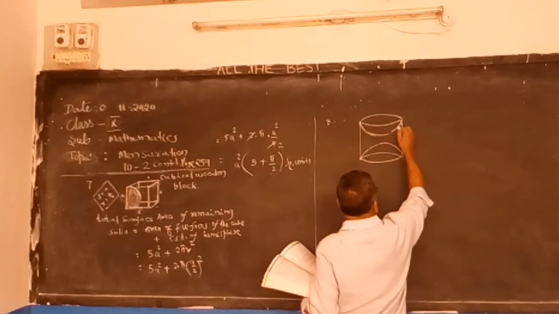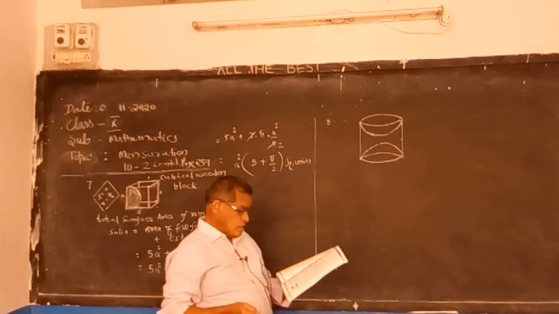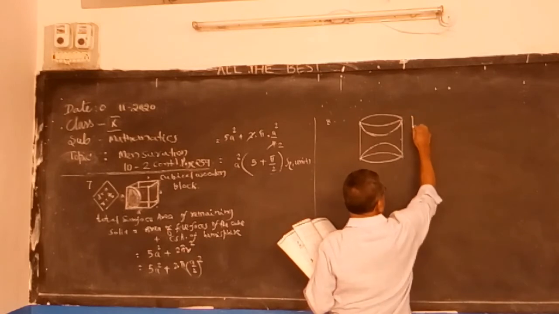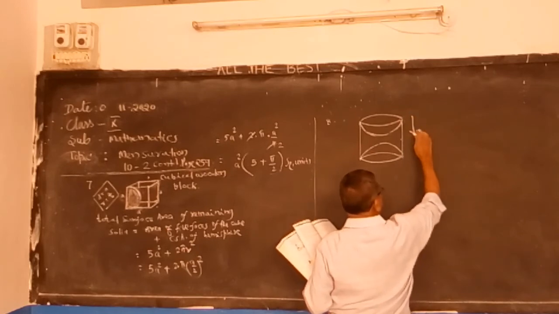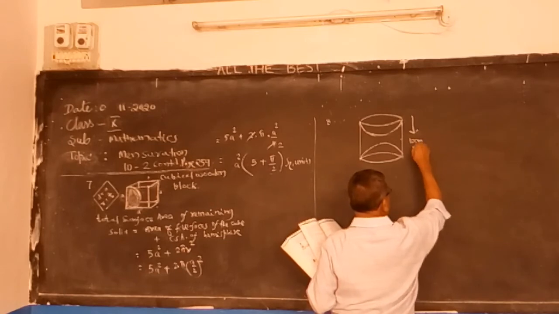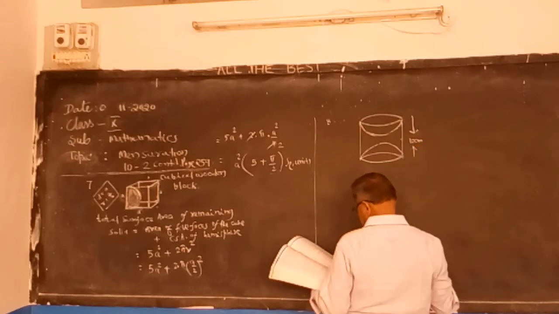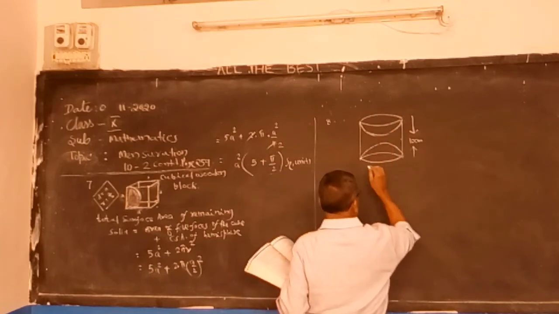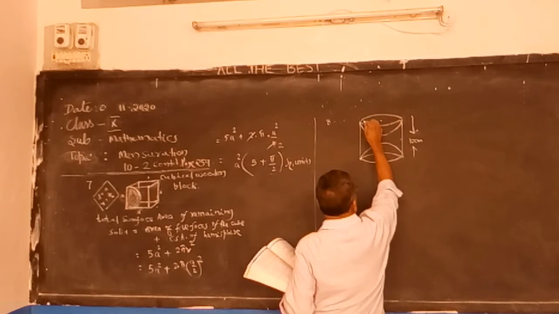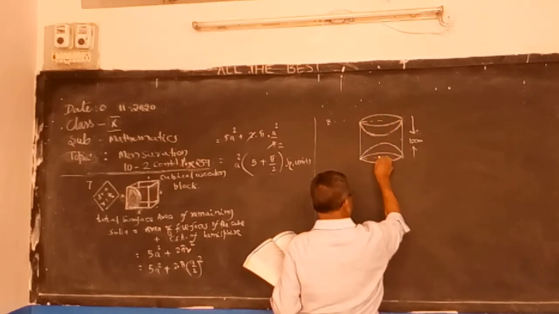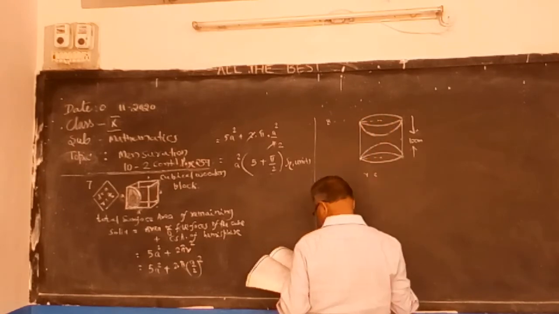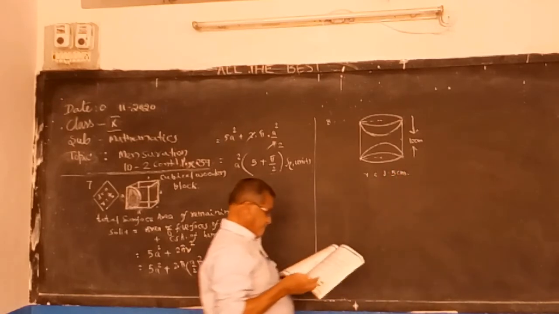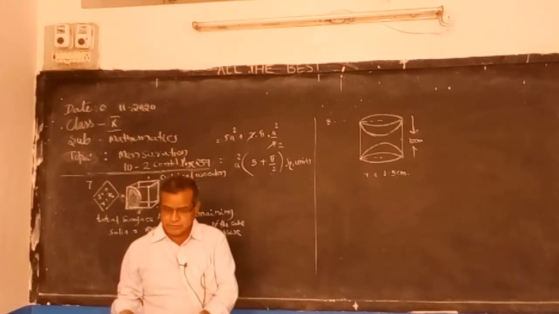The height of the cylinder is 10 centimeters and the radius of the base r is equal to 3.5 centimeters. Find the total surface area.